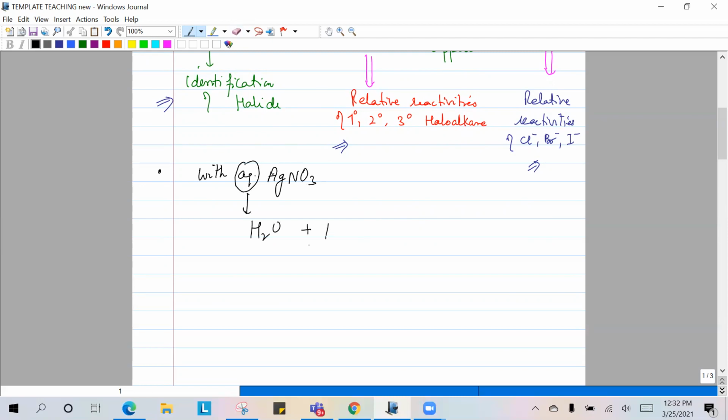Remember, water plus haloalkanes form alcohol. So there is a possibility of a question being asked: you are adding silver nitrate and water to this haloalkane, what will be the organic product? This is your organic product.